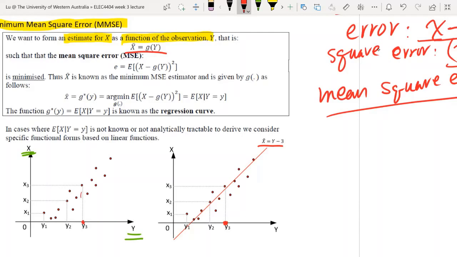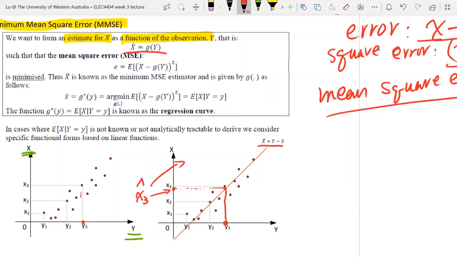What we are doing is we just start from the y3 point and go up to our minimum mean square error estimator function curve, in other words, the red line in this graph. And then we go in the vertical direction and find the value here. This value is our x3 estimation. What is the value of this x3 estimation?